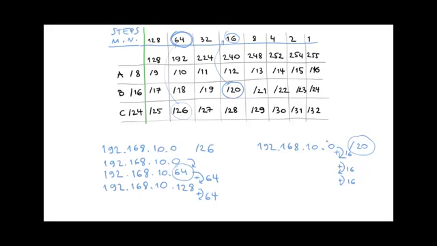So remember, we're working within one octet here. These values don't change. Only these values change for the subnet mask. So 0, 16, next 32, next 48. So these are subnet addresses that use the /20 subnet mask.